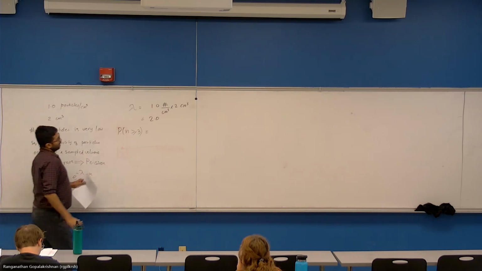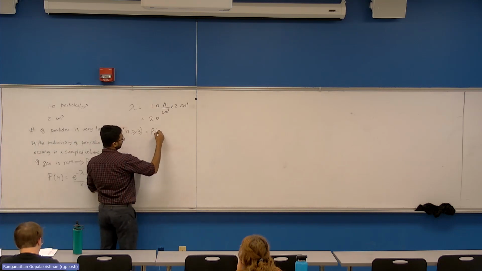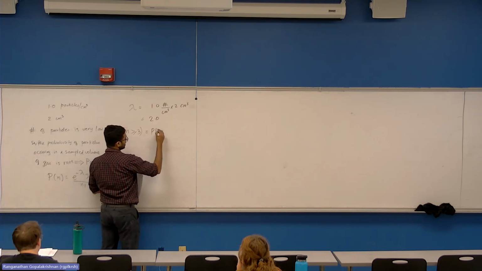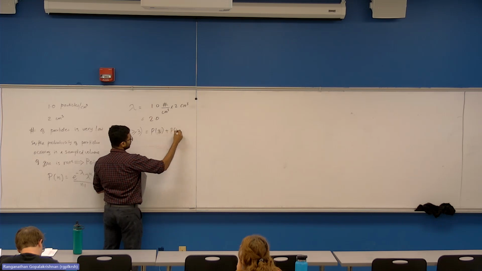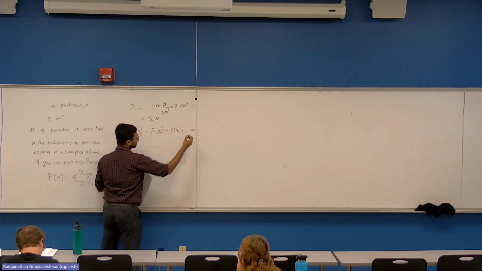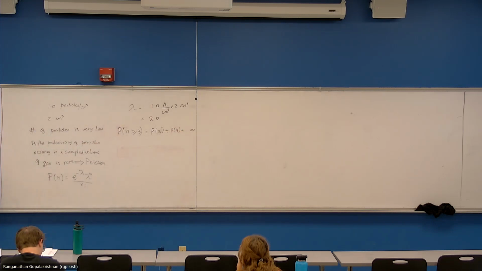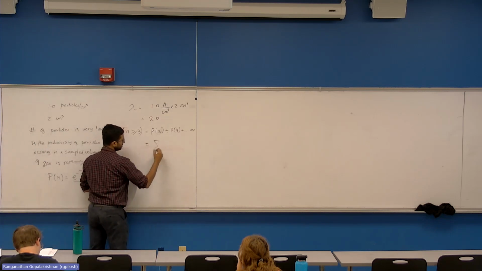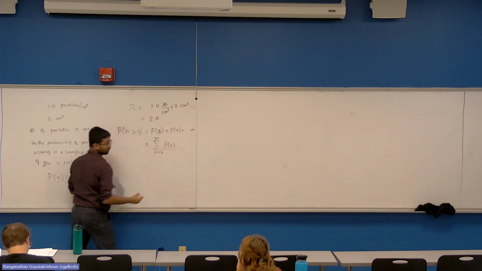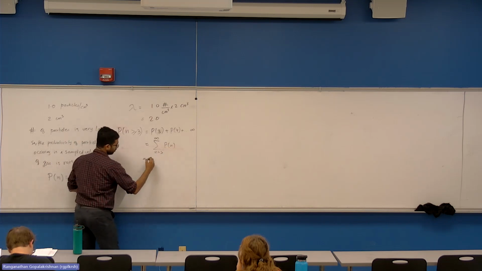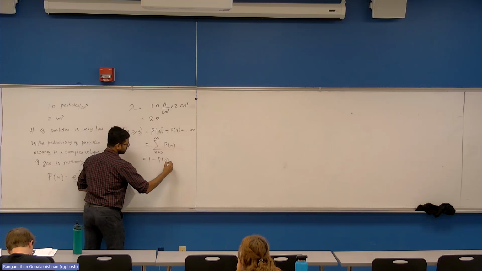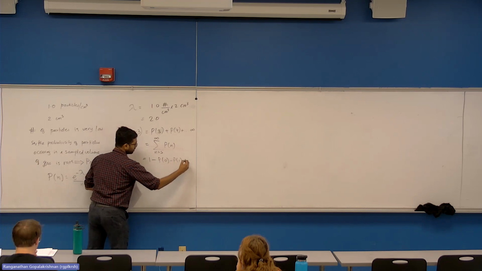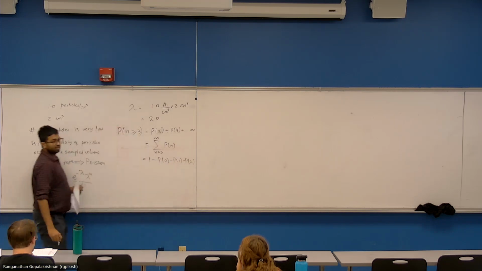This is like saying probability of 3 plus probability of 4 plus and so on up to infinity, which is summation n equals 3 to infinity p of n. This is nothing but 1 minus p of 0 minus p of 1 minus p of 2.